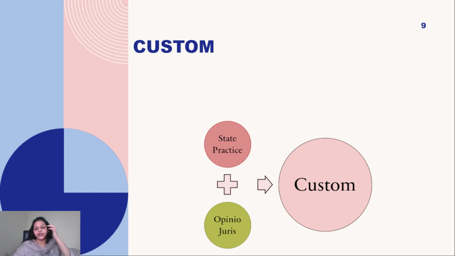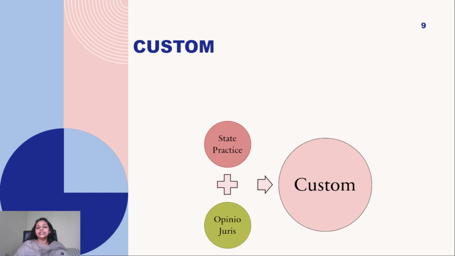So for example, if there is a question of asylum, if state A is putting an allegation on state B, that state B is under an obligation to give asylum to person 1, state A must prove that state B had a custom of giving asylum previously, and therefore it is now under an obligation to give asylum to person 1 also.